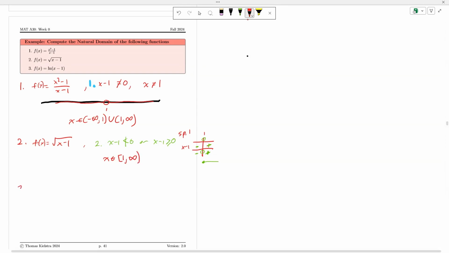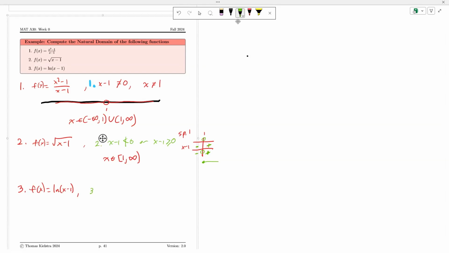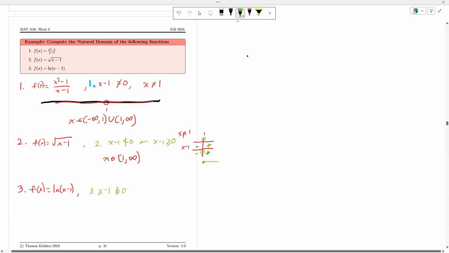Okay, and my third function is f of x equals ln of x minus 1. Well, here, because of my third rule, x minus 1 cannot be less than or equal to 0, which implies that x minus 1 is greater than 0.